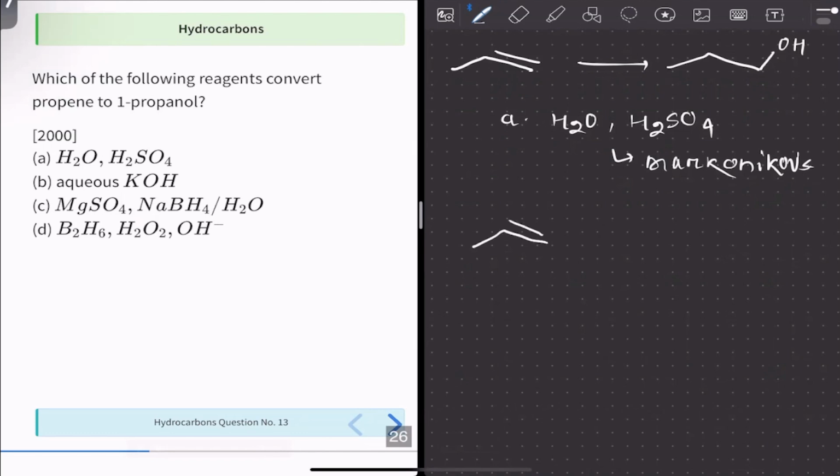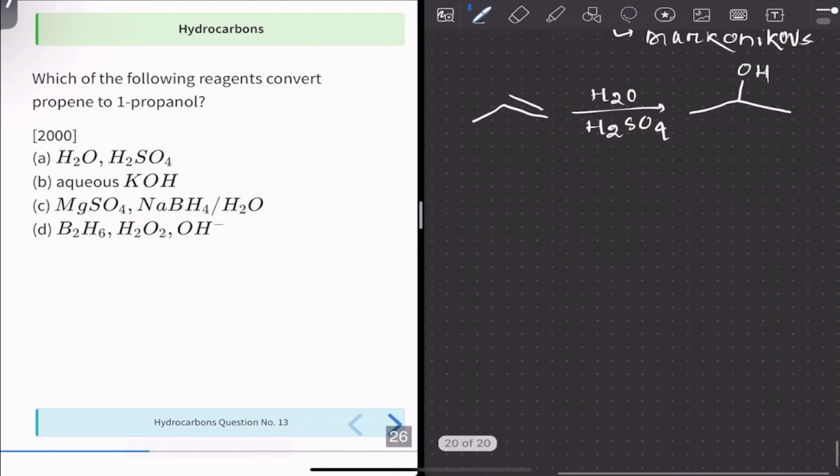So alkene in presence of H2O, H2SO4 will produce this alcohol as a major product, that is propan-2-ol.